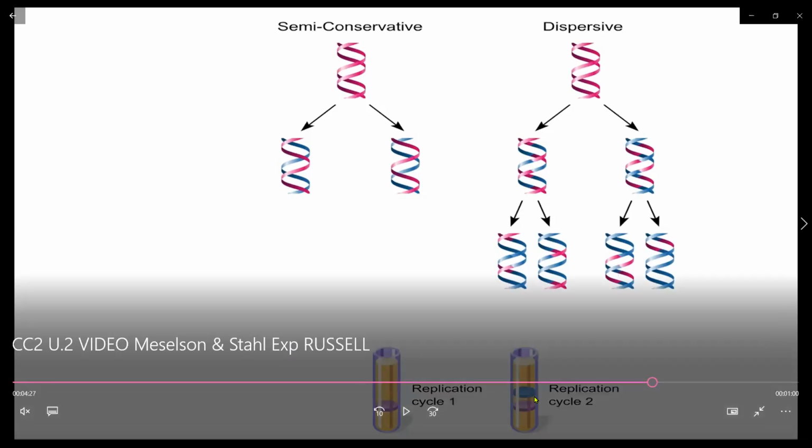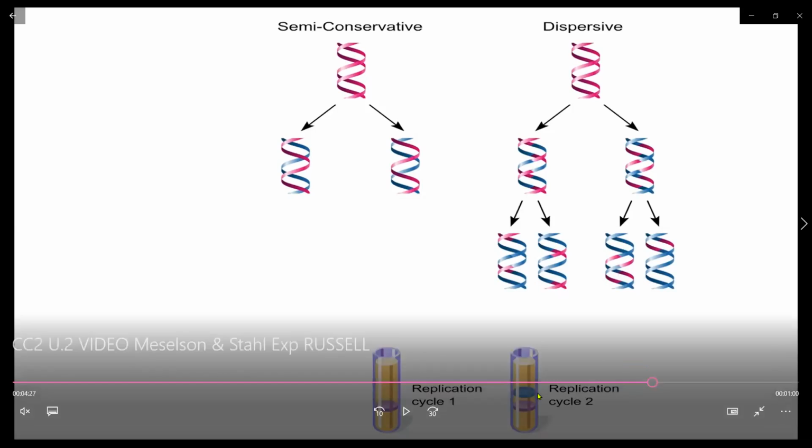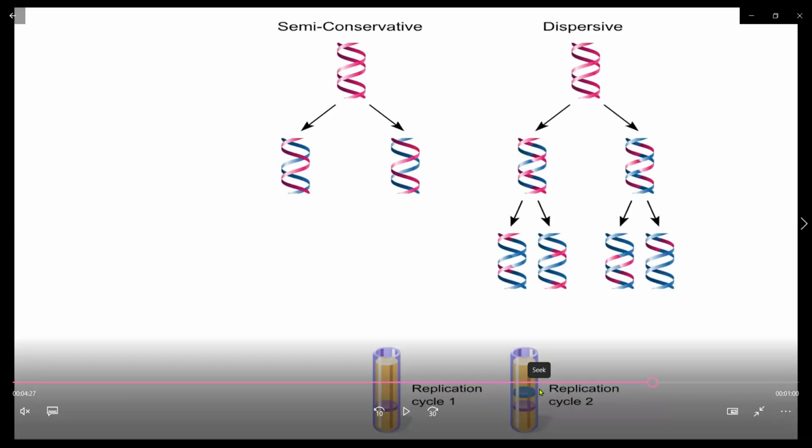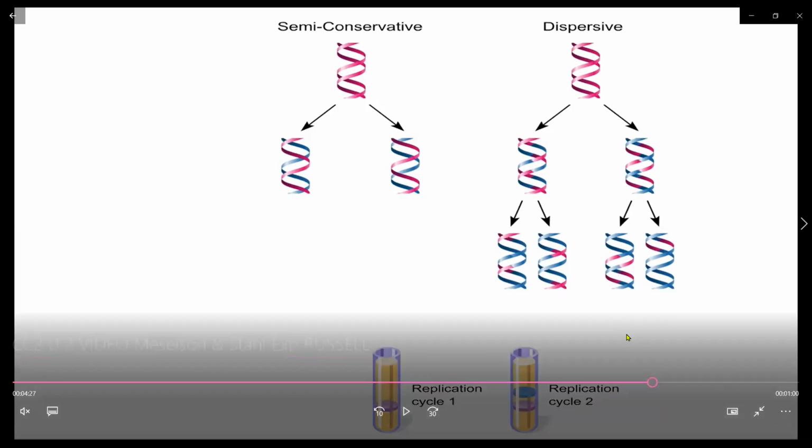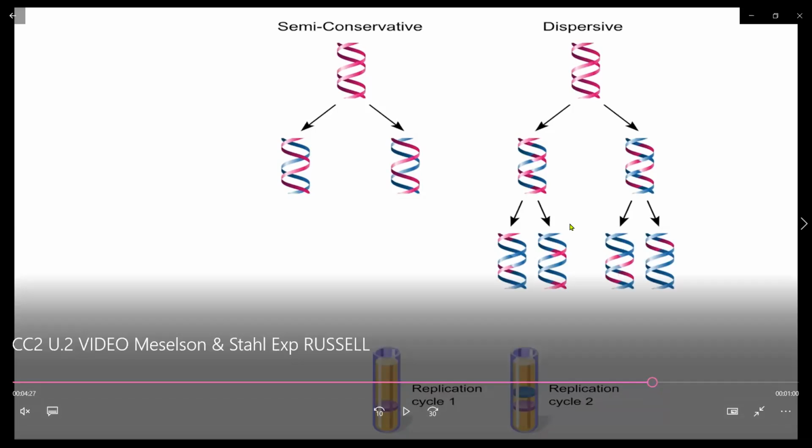But the result showed that there is a pure band of DNA containing 14N nitrogen only. So the dispersive model was also rejected. This cannot hold true given the result that we observed.